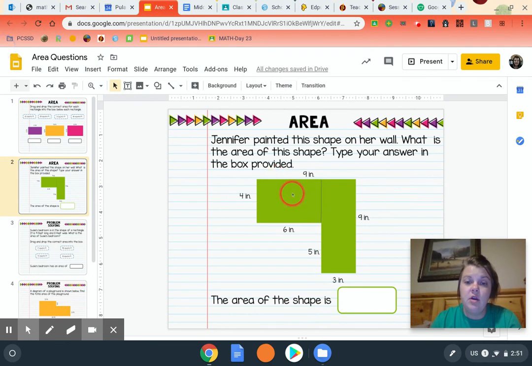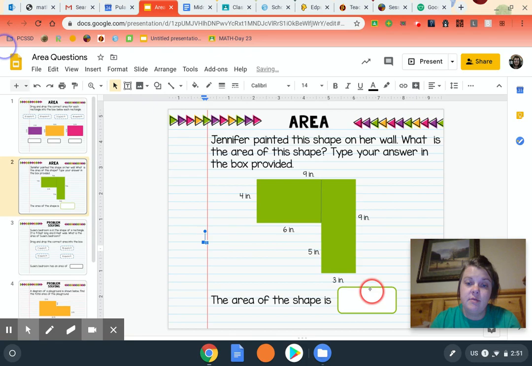So if you split it here, you've got rectangle A, rectangle B. Rectangle A, we've got this long side that's 6, and this side that's 4. 6 times 4. We would disregard this length. We would take this long side 9 and this side 3. 9 times 3. I could even create a text box.